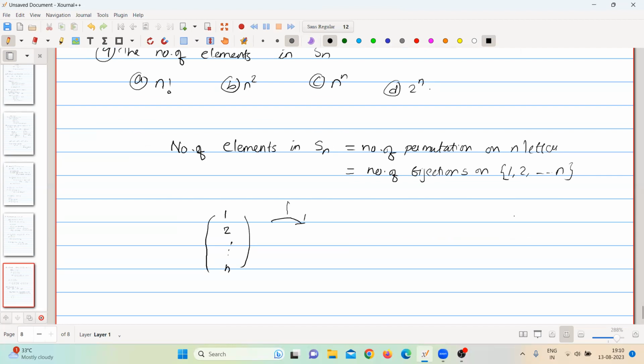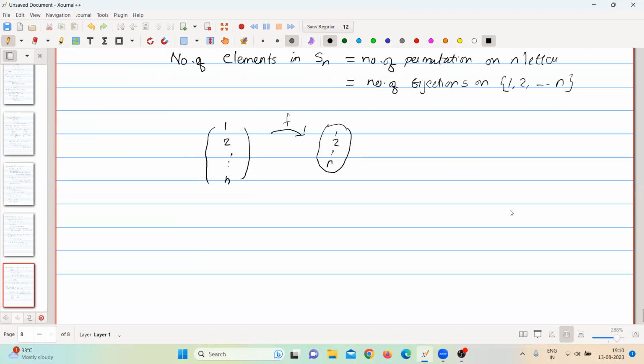So we need to find the bijections from 1 to n to 1 to n. Bijection means one-one onto maps. If I am taking 1, under f, 1 can be mapped to any element 1, 2, etc. up to n.